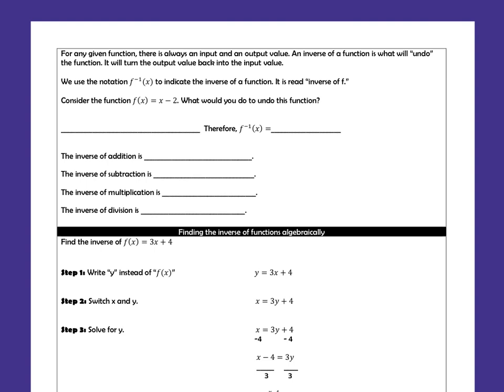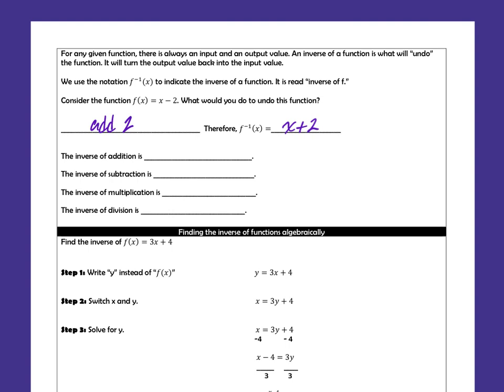This is a really easy one, right? Well, I add 2 to both sides. So the inverse of f would be x plus 2, okay? That one's pretty easy.